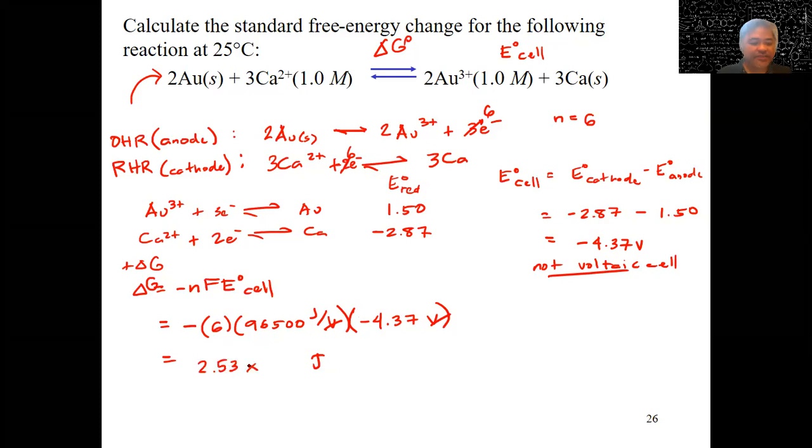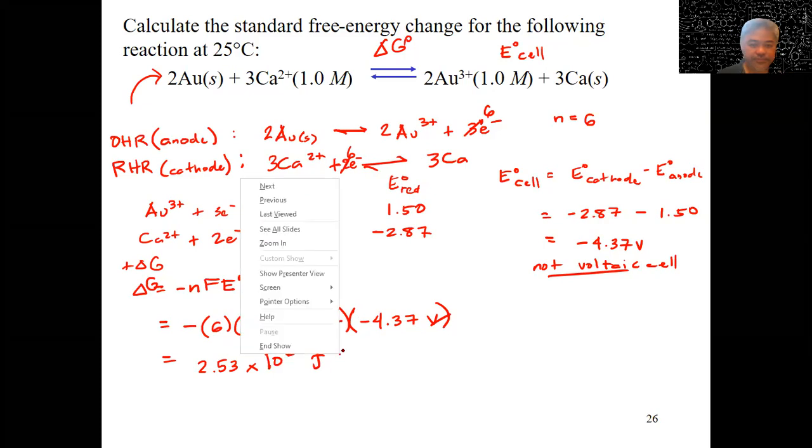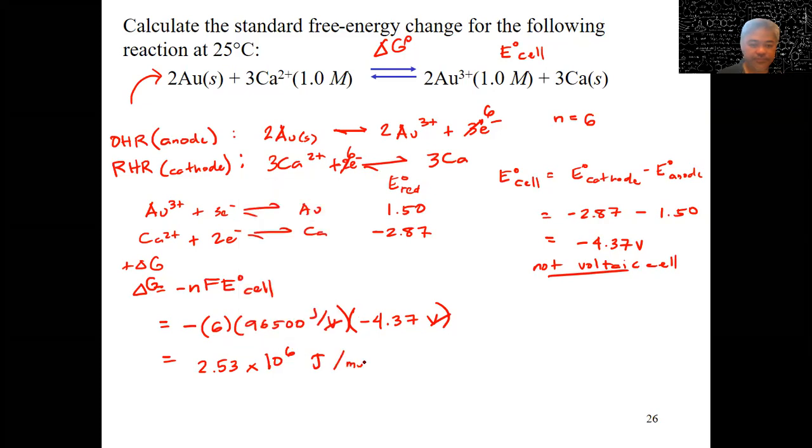So this is what you get, in joules per mole.